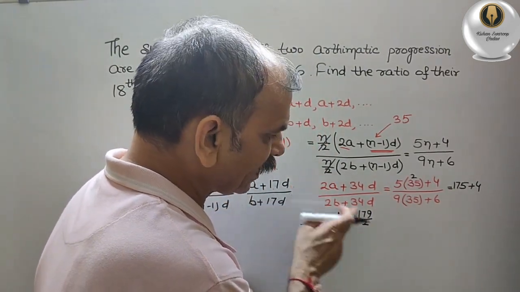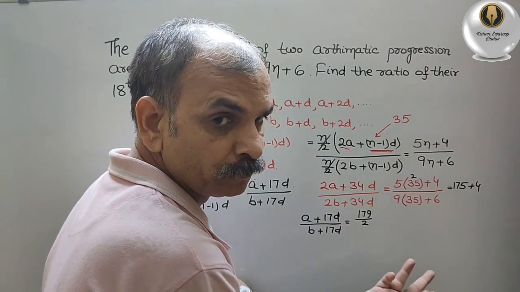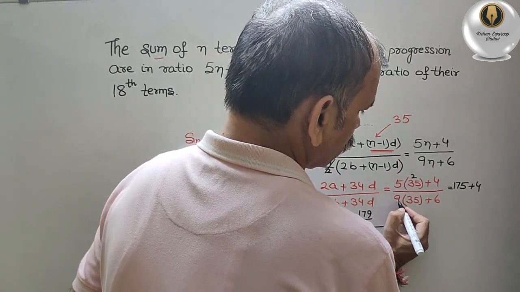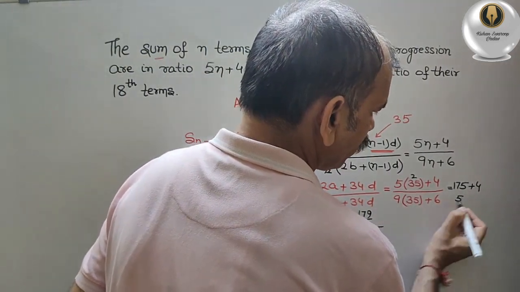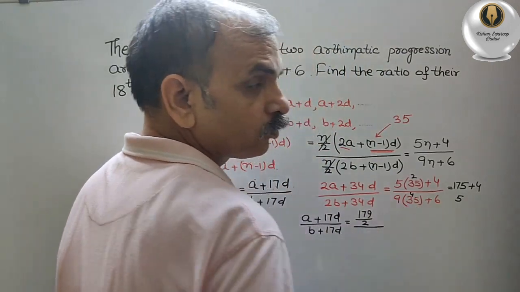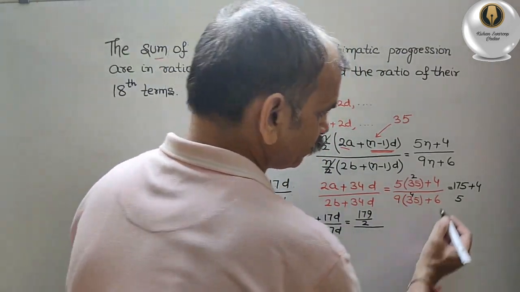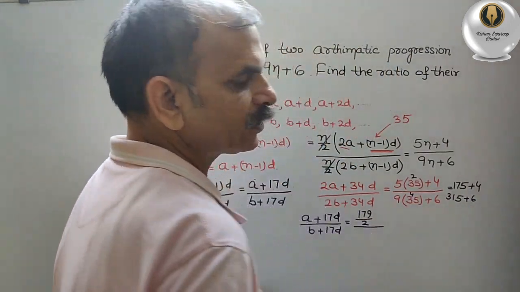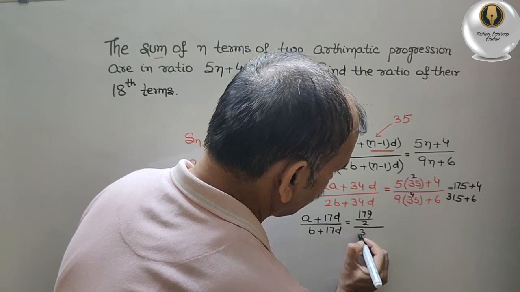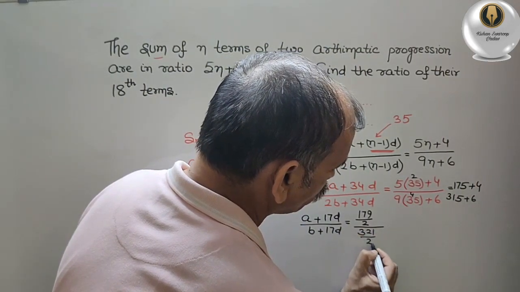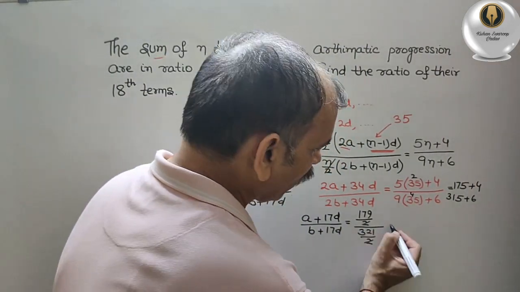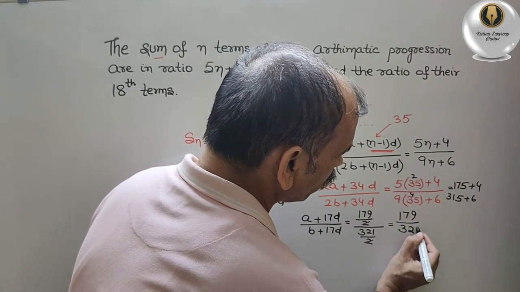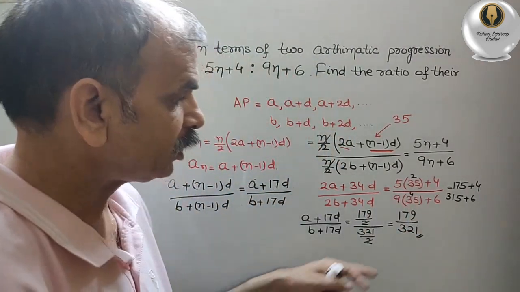Next, 9 into 35 is 315, plus 6 equals 321, so 321 by 2. Now 2 and 2 are gone. Therefore your ratio is 179 by 321. So this is your answer.